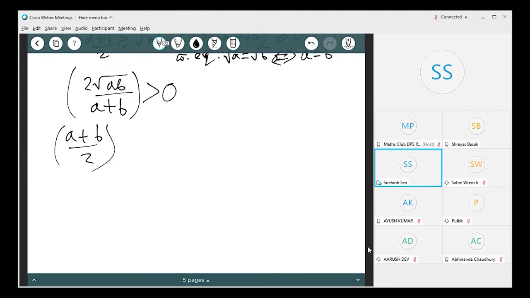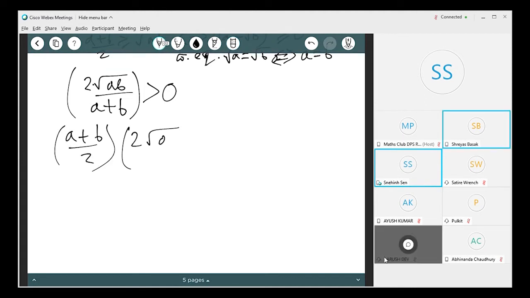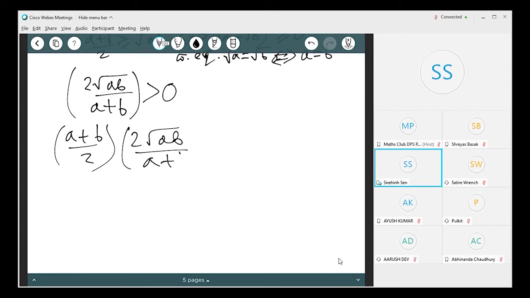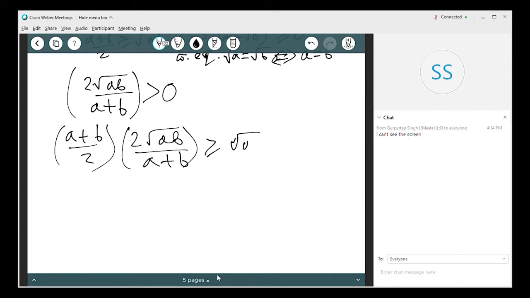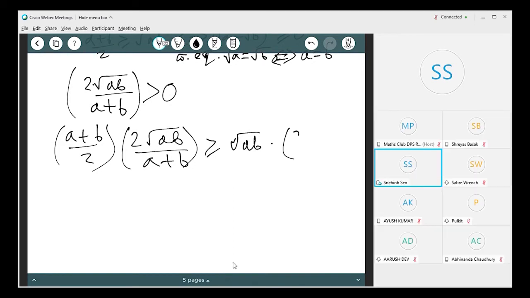(A plus B) by 2 times 2 root AB by A plus B is greater than or equal to root AB times 2 root AB by A plus B. This is basically AM-GM times a positive constant. Again, equality will hold if and only if A equals B, because this factor makes no effect over here. It's a positive constant.